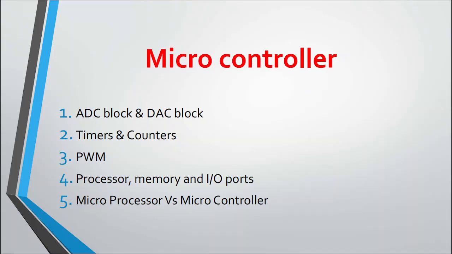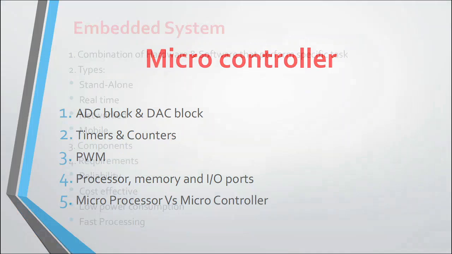They also taught us about the difference between the microprocessor and the microcontroller. The main difference is that a microprocessor consists of a CPU, whereas a microcontroller consists of a CPU as well as RAM, ROM, and other peripherals in a single chip.